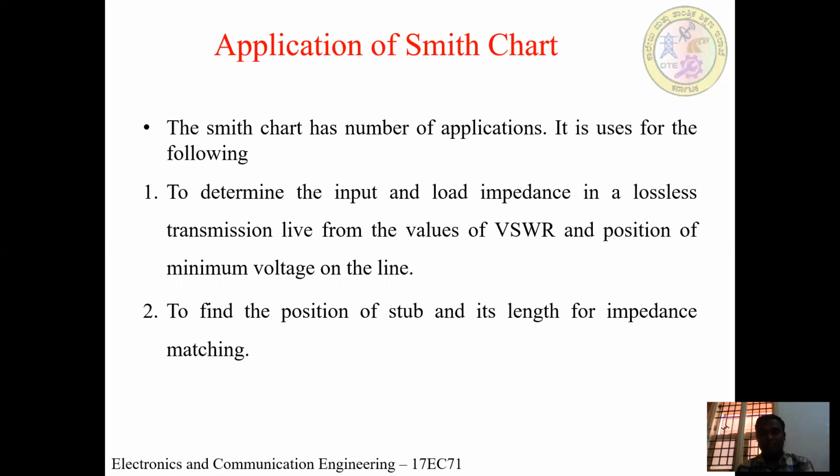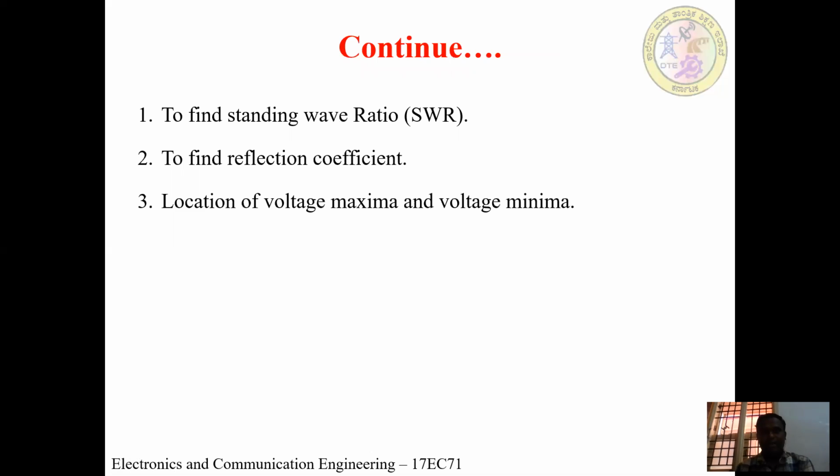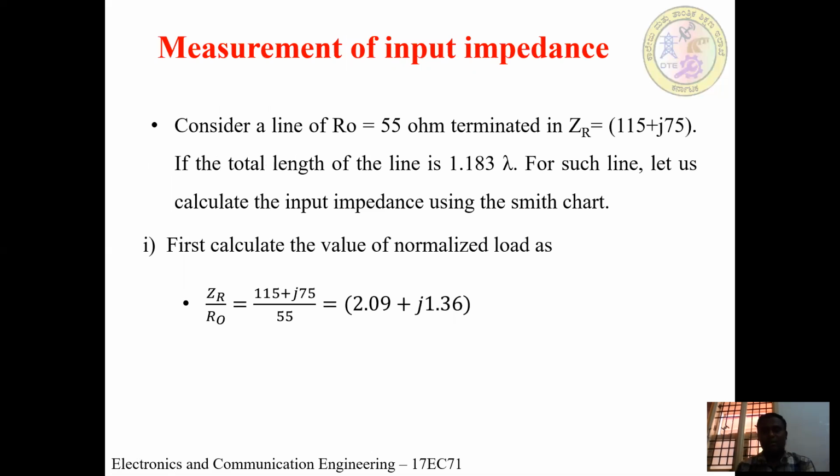In an impedance matching circuit, I need to locate the position of the stub to achieve a matched condition. There, to find the position of the stub, we use this Smith chart. It is also used to find the standing wave ratio and the reflection coefficient on the transmission line.